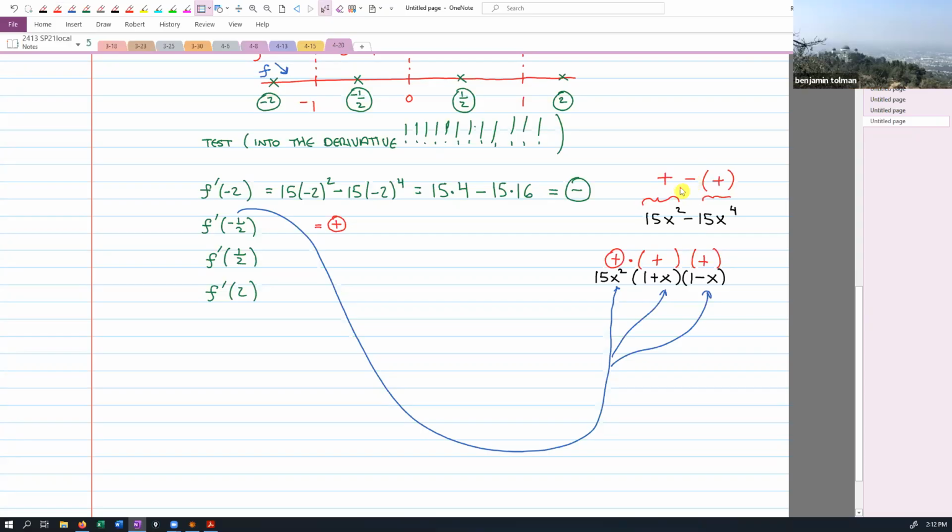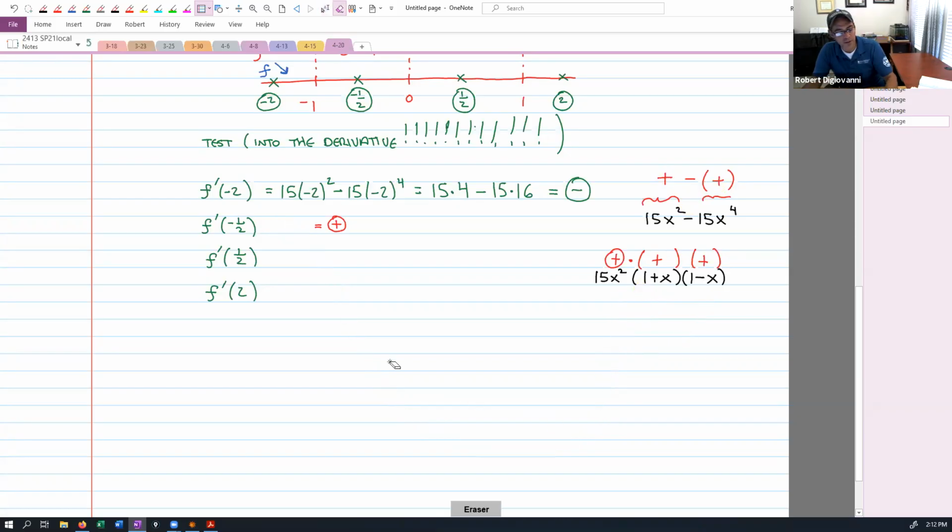Not yet. No, you don't know enough, right? This could be 3 minus 4, that's negative. It could be 3 minus 2, that's positive. So you can't do it here. You can only do it in the factored form because then it's multiplication. And with multiplication, you can tell what happens.